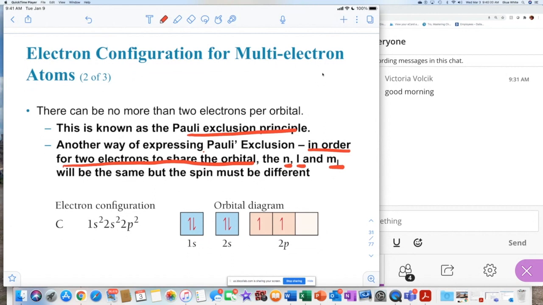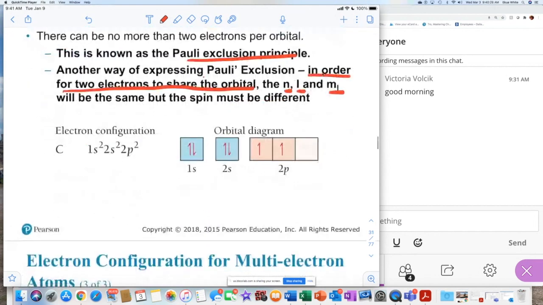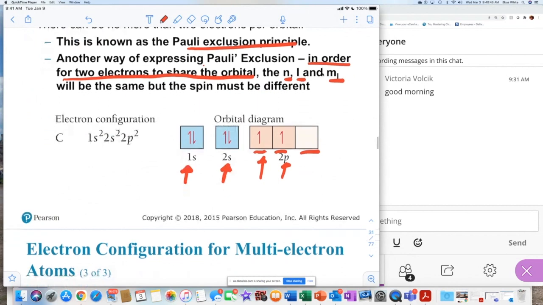It says that for electrons to share the same orbital, they have to have an opposite spin. So this is showing you the opposite spin. These are 2 electrons in the same orbital. They have opposite spin. Same thing over here. These electrons do not have opposite spins because they're technically in different orbitals, right? These are the 3 different orbitals we see in the p sublevel.